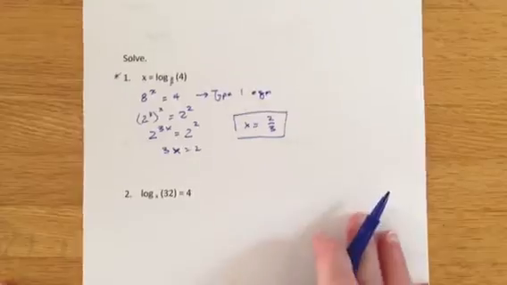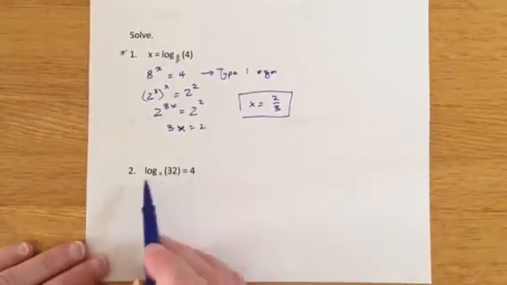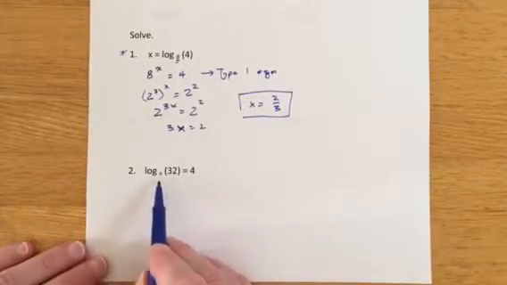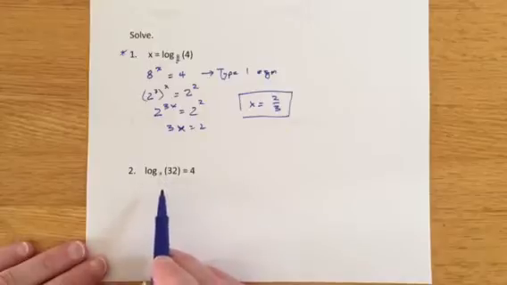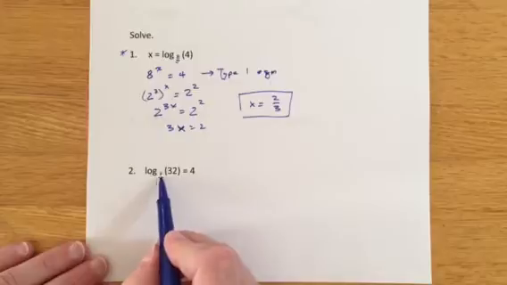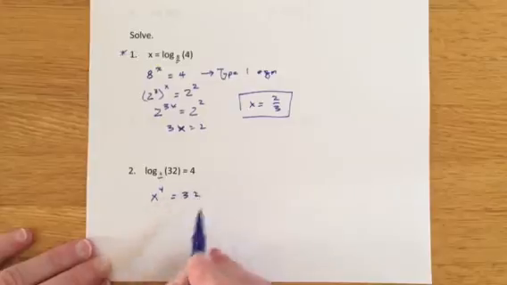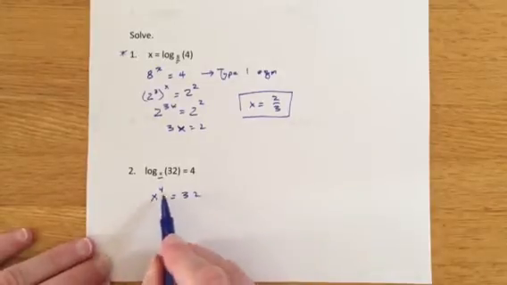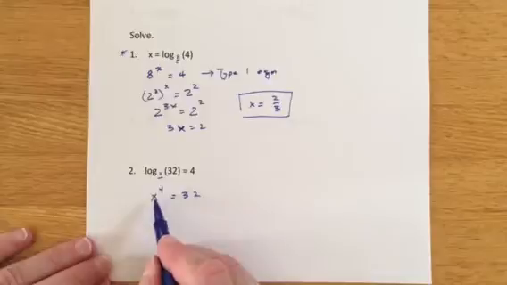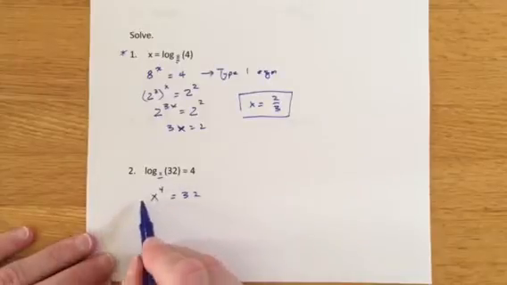Number 2, we clearly have some work to do if we're going to solve for x, because right now it's stuck in the base of the log. So we have to get it out of there. We use exponentials, and again, the base of the log becomes the base of the exponential, so it'll be x to the 4th equals 32. It's not x squared or x cubed, so we need a 4th root.